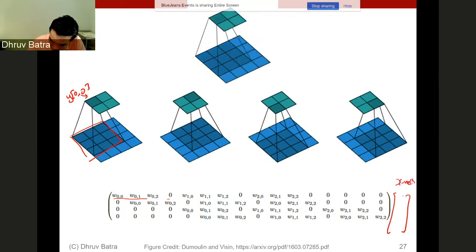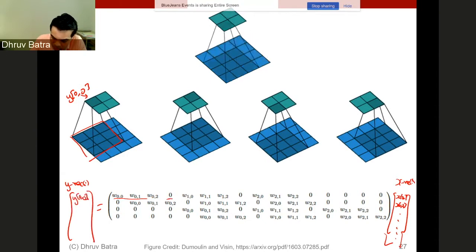I can string out x0,0, x0,1 and all of those pixels, and this will give me y vec. The first entry here will be y0,0. By placing appropriate zeros, which corresponds to expanding your filter out with zero placements at the rest of the pixels, you can do this for two-dimensional objects as well.